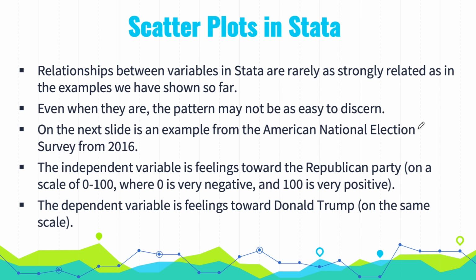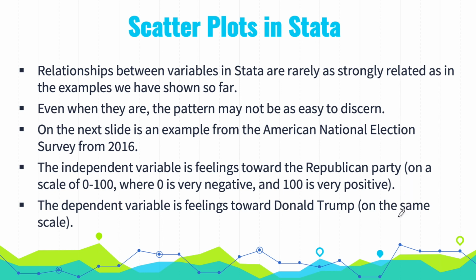On the next slide is an example from the American National Election Survey from 2016. The independent variable is feelings towards the Republican Party on a scale from 0 to 100, where 0 is a very negative feeling towards the Republican Party, and 100 is a very positive feeling towards the Republican Party.